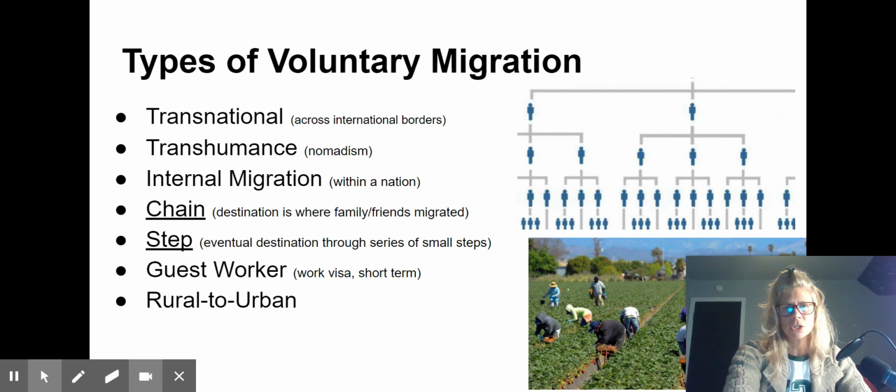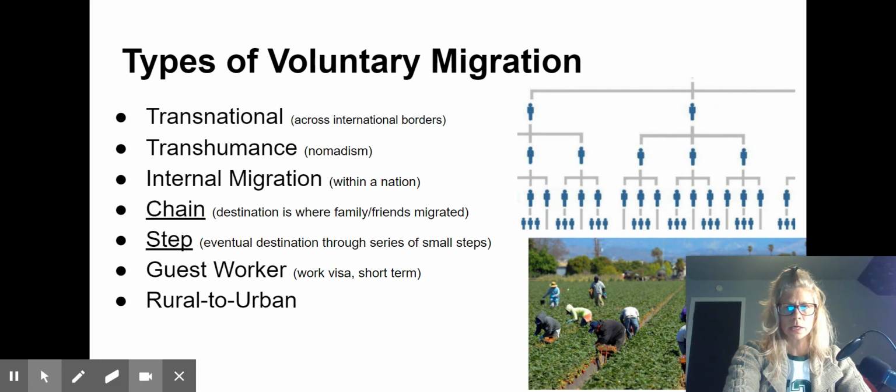And then chain migration, we've already talked about. That's where migrants go to a destination where friends and family have already migrated. So Uncle Bill is going to go where other family members might be already. And then step migration is just like it sounds. A lot of people that are migrating long distances will do it in steps. So they might eventually reach their destination through a series of steps to small cities or communities.